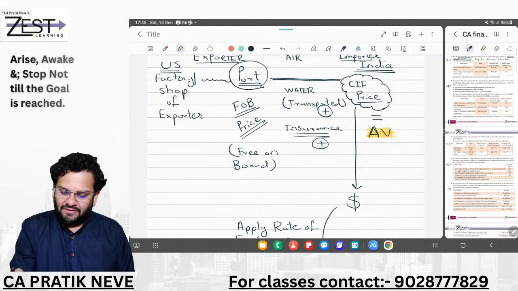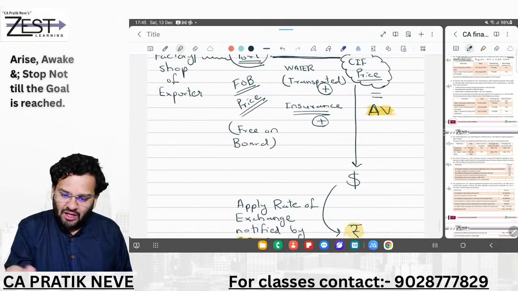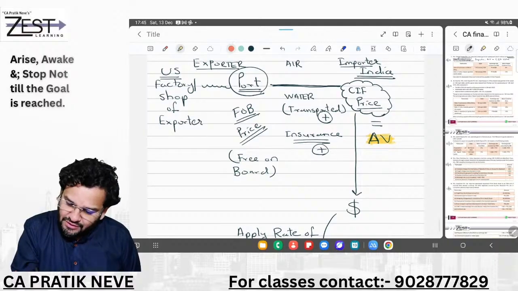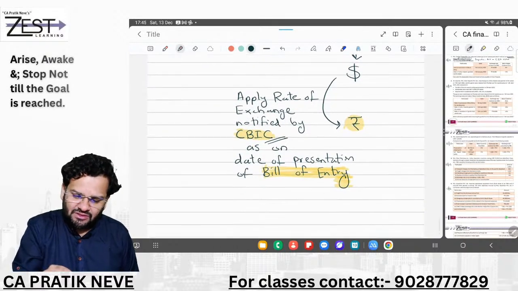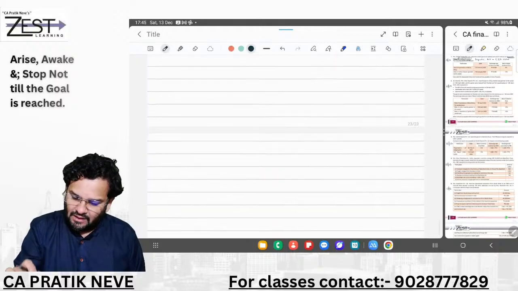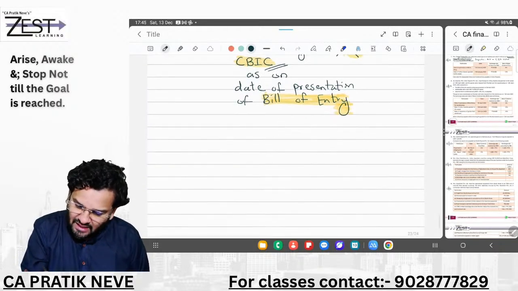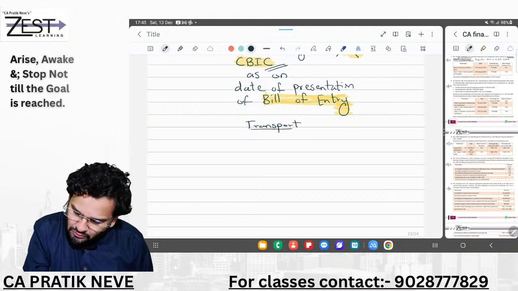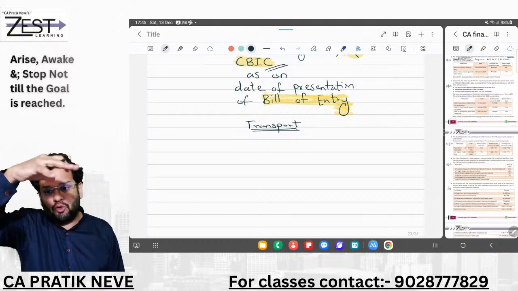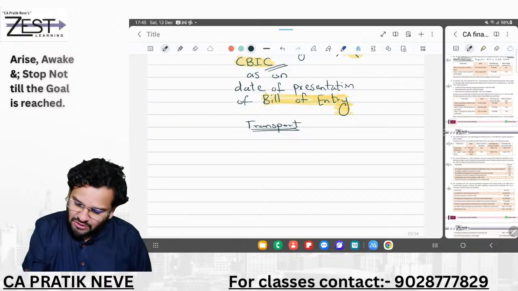Yes, sir. Now, friends, comes the question how to calculate this transport cost and how to calculate the insurance cost. So, let me just quickly recap that also for you. As far as transport cost is concerned, which transport we are talking about, from the exporter's port to the importer's port.